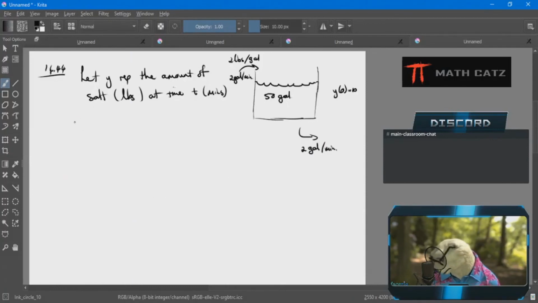So the net rate of change is going to be equal to the rate of change coming in minus going out, the rate of change of the amount of pounds of salt. That's dy/dt, and my units will be pounds per minute.